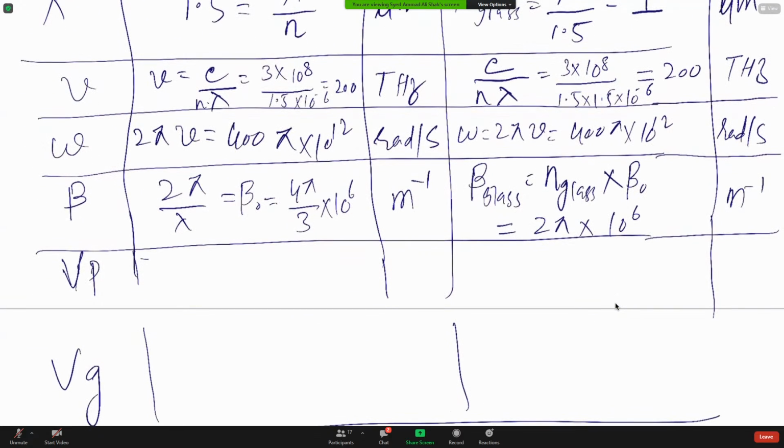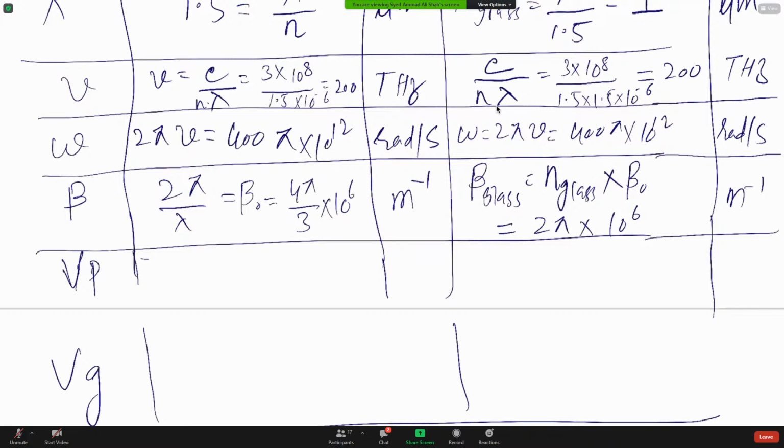I have a question about nu for the air. So that one is 200, but then for glass, when you have the 1.5 times 1.5 in the denominator, that changes the output of nu. Of nu, okay. So 1.5 into 1.5 is 2.25.